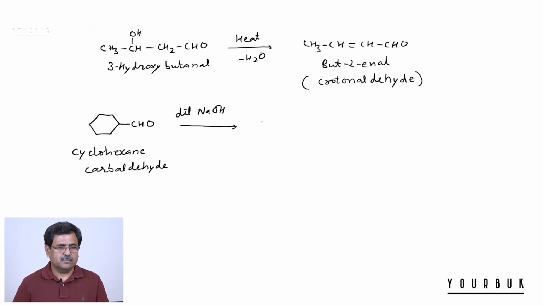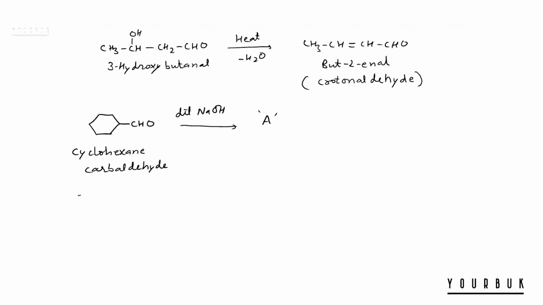So again you write the product A, and to write the product A, you write one of the aldehydes as a substrate and the second aldehyde as an enolate ion. This is the substrate, and this is our enolate.